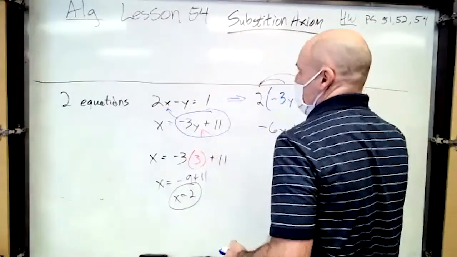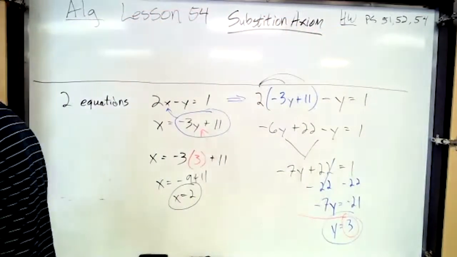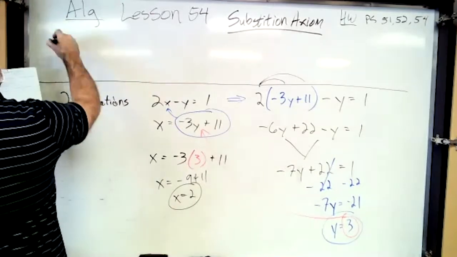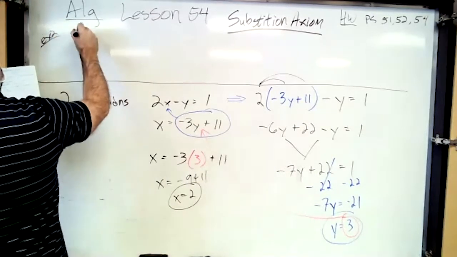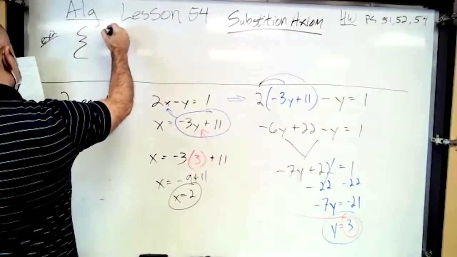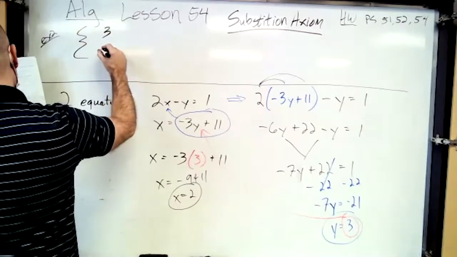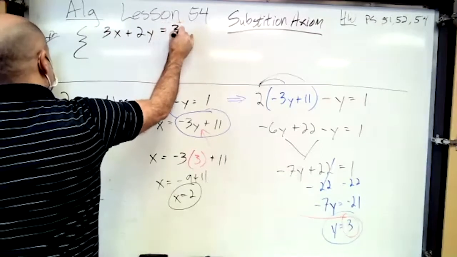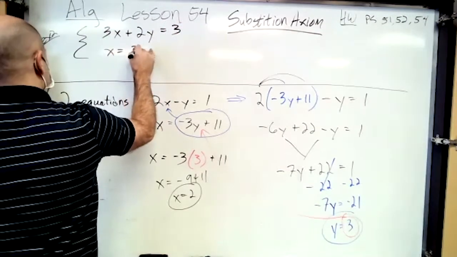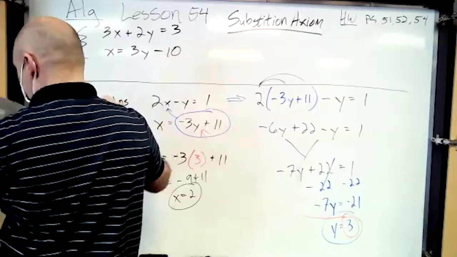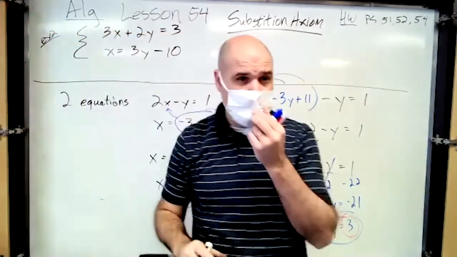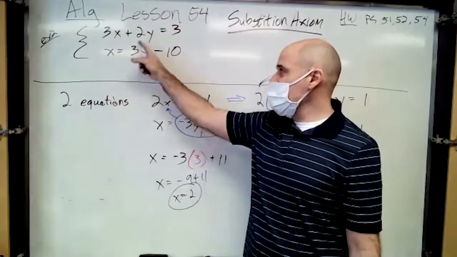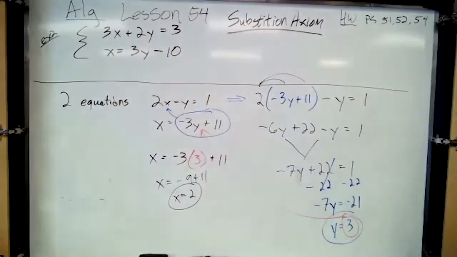All right, let's try another example right up top here. Here's example 2. This is what it'll look like. It'll be like a little brace there, and it'll give you two equations. First step, I want you to rewrite this top equation with this value of x, because that's what x equals.